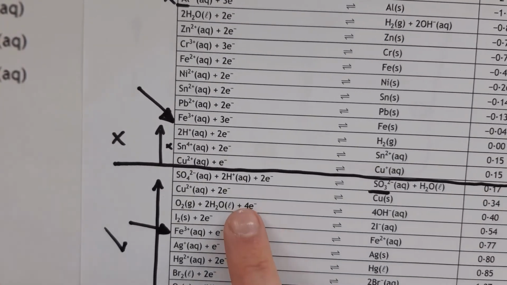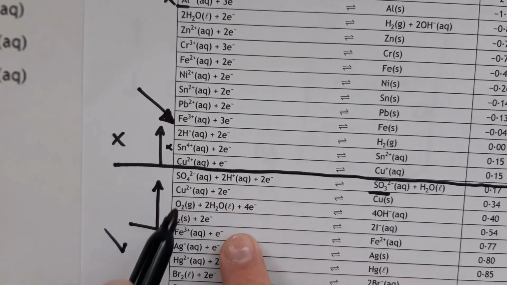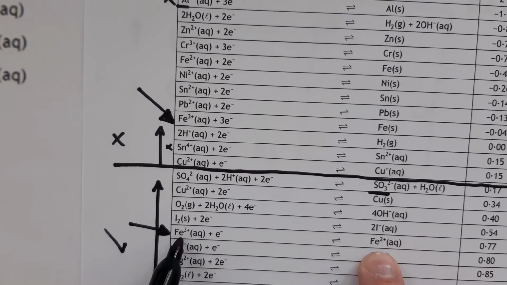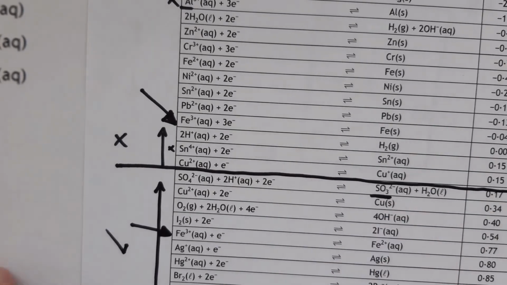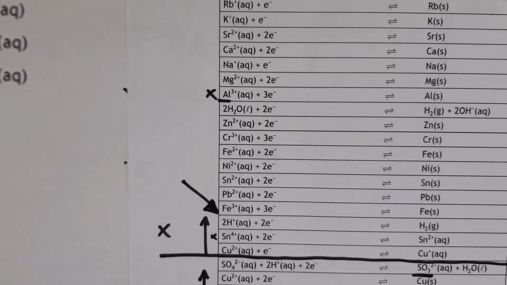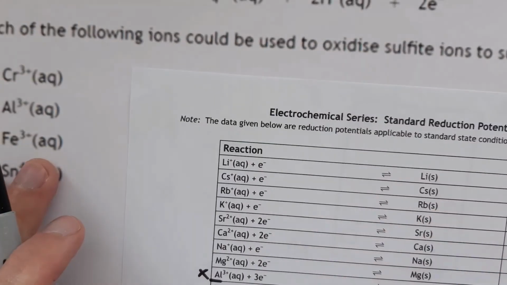So this Fe3+ here is gaining 3 electrons to become the atom, whereas this one here is only gaining 1 electron to turn into Fe2+. So this version where it only gains 1 electron is going to be perfect to be used as an oxidizing agent for the oxidation of SO3 2 negative. So which of the following ions could be used? Can you now see that? I think you can.